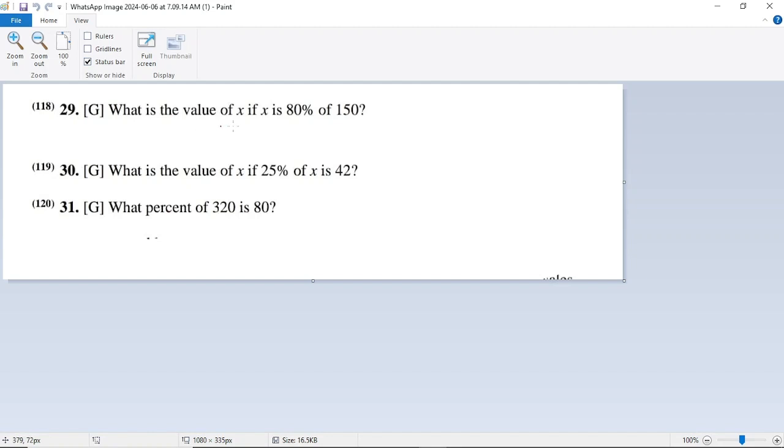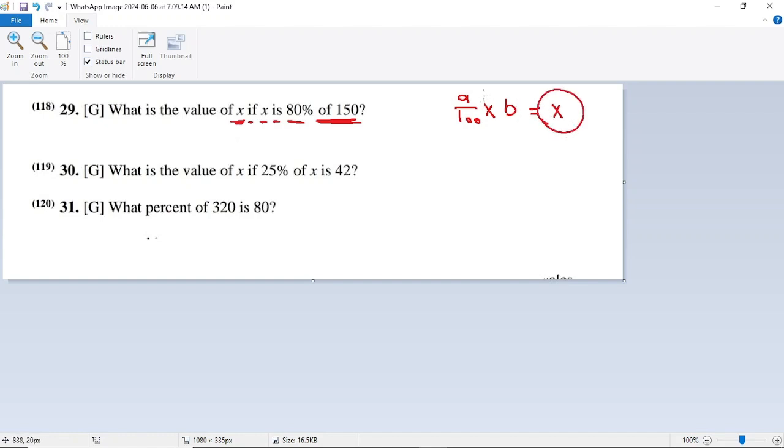now what is the value of x if x is 80% of 150? Okay, now percentage, we will use the equation which I said before: A over 100 multiplied by B will equal X, right?